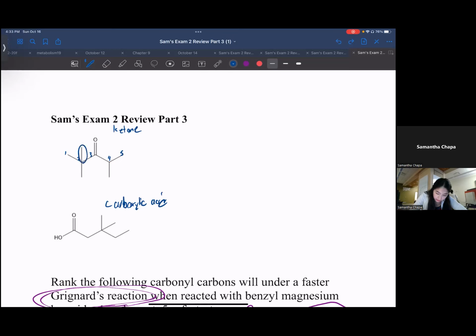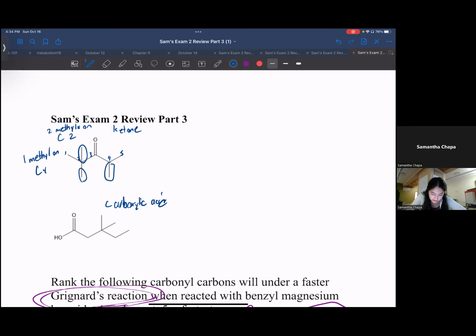So again, 2 methyl groups on carbon 2, and I have 1 methyl on carbon 4. And those are pretty much the only things that we're going to have to name other than the ending part of our ketone, right?